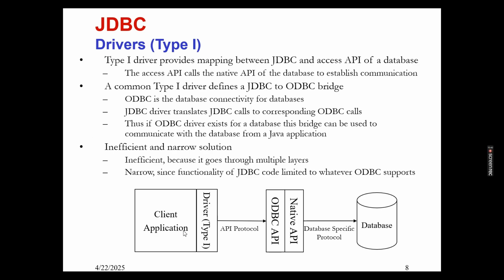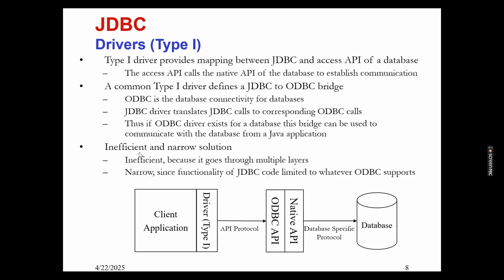Okay, so the Java application has the related driver software, and this connects to the ODBC API. This is available in our operating system itself, so we need not install anything. We already have it within our Windows operating system, and through that API we can connect to our native databases and to the required database.